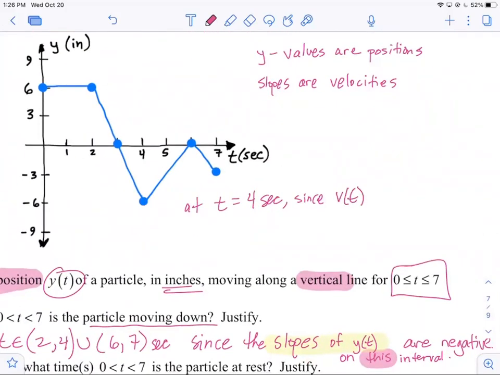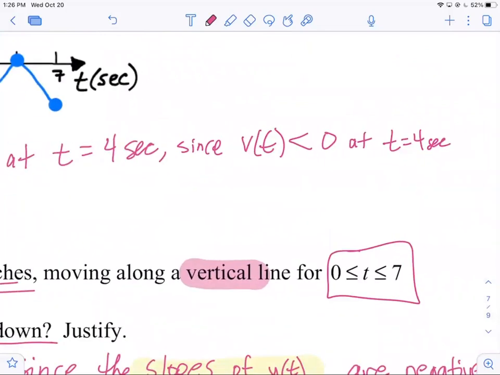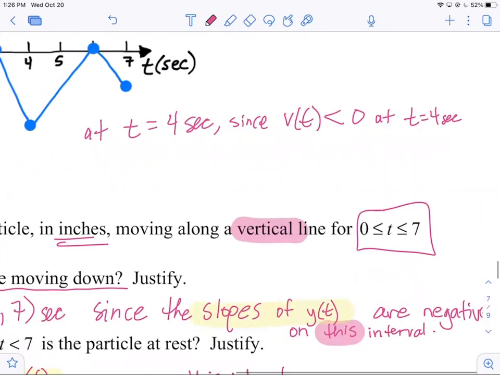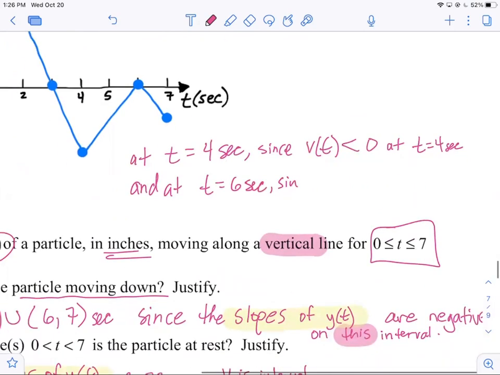So since v of t is less than 0 at this point. You know what's faster than writing? Just to say at t equals 4 seconds again. It's not the best writing in English. That's why pronouns were invented, but in here it's good. And at t equals 6 seconds, comma, since, wait, I need to do change in sign.